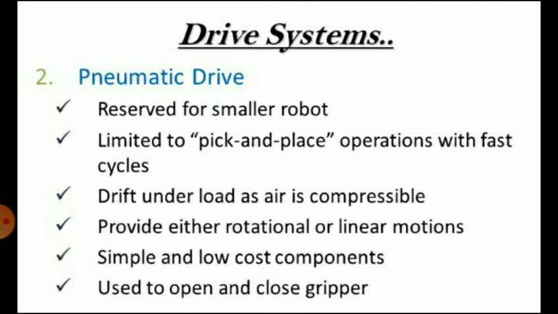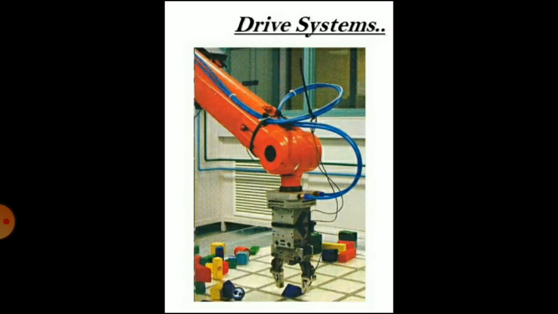Pneumatic power can be readily adapted to the actuation of piston devices to provide translational movement of the sliding joints. It can also be used to operate rotary actuators for rotational joints. That is used to open and close the gripper. So this is an example of pneumatic drive that is shown here, operated by compressed air.